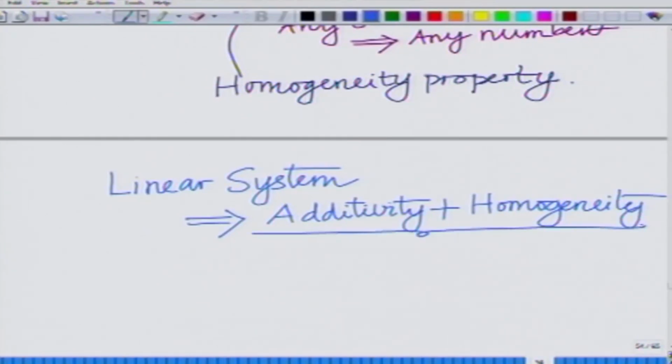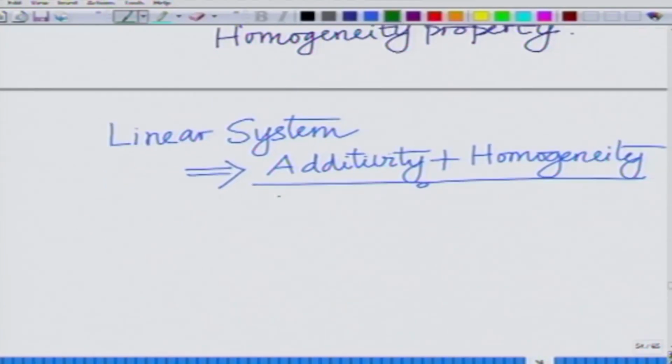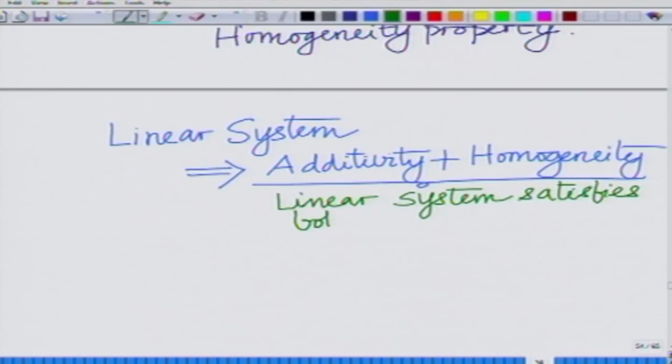That is, a linear system satisfies both properties, additivity and homogeneity.